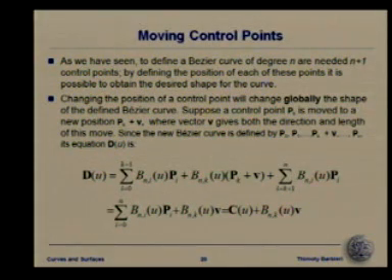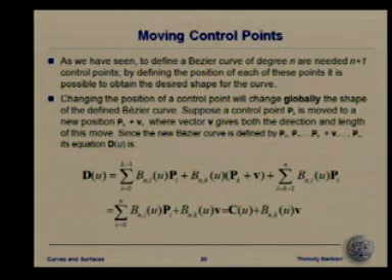This allows you to write that the new curve is actually like the old curve, Cu, plus the displacement vector weighted by the Bernstein polynomial of the degree related to the control point you have moved.